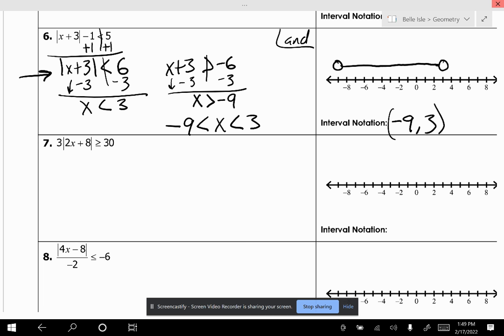So in this particular case, do not distribute as if those are just parentheses. Divide both sides by 3. Those 3's will cancel out on the left.